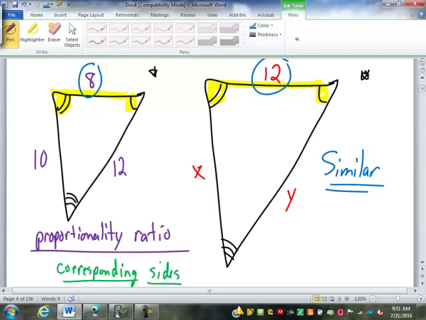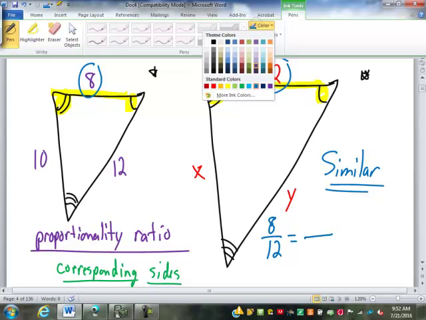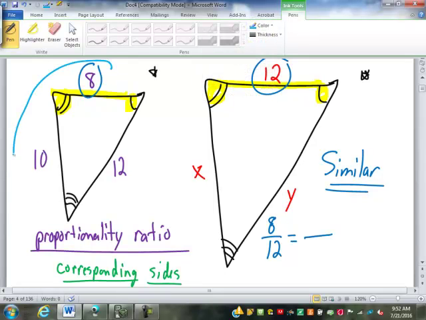When I make this ratio, does it matter whether I do 8 over 12 or 12 over 8? Say no. No. Good answer. It doesn't matter whether I do 8 over 12 or 12 over 8. What matters, in this case, I put the 8 on top, right? What triangle does the 8 come from? It comes from this one. That means once I put the 8 on top, all the other lengths from that triangle have to go on top.